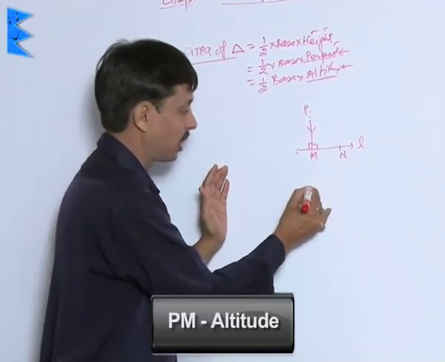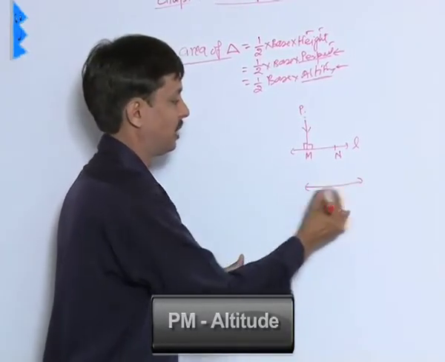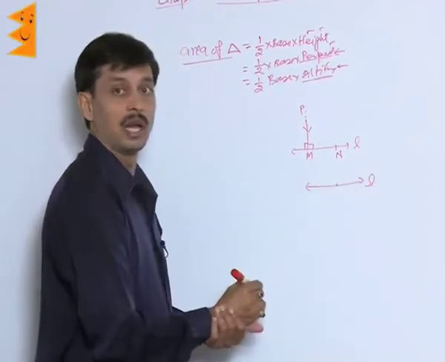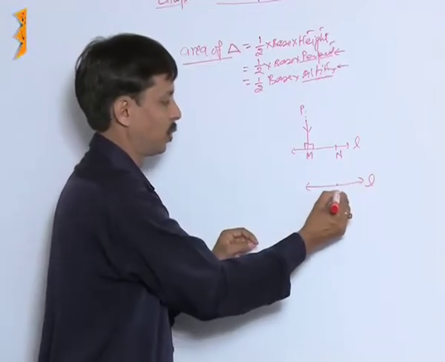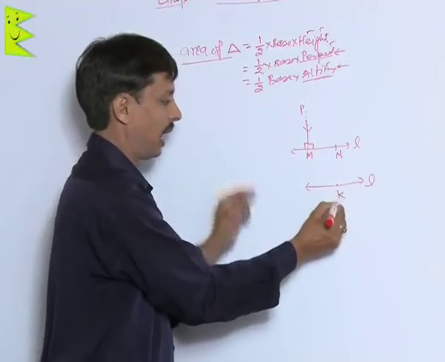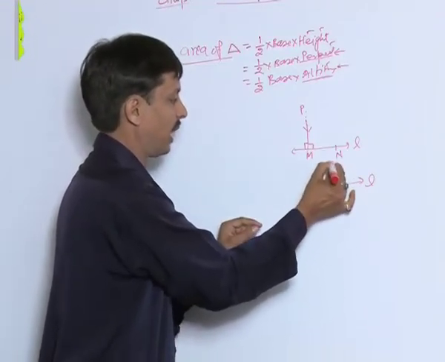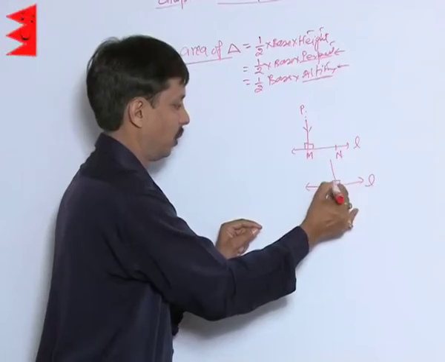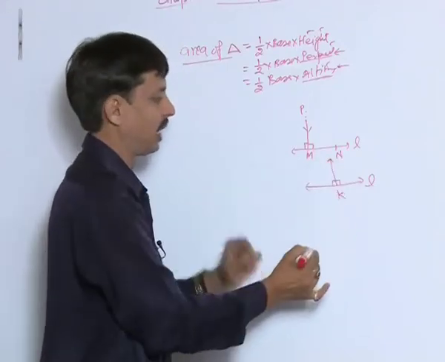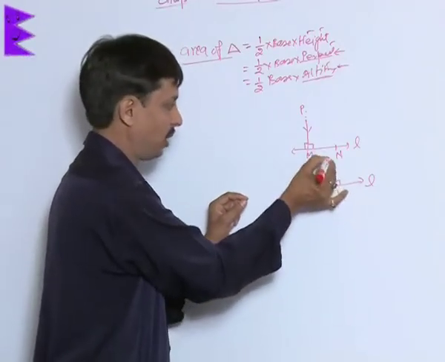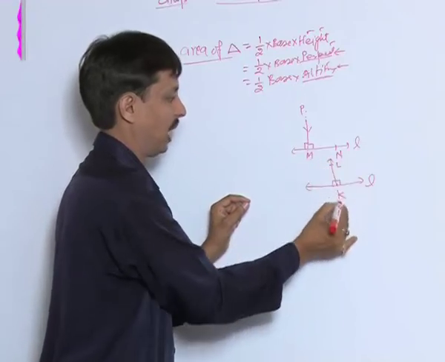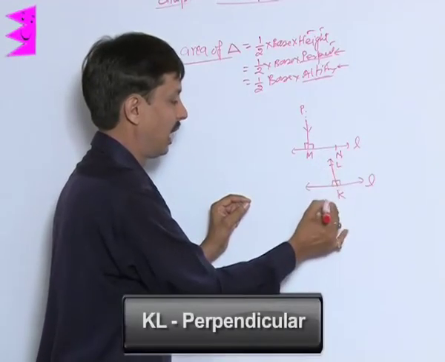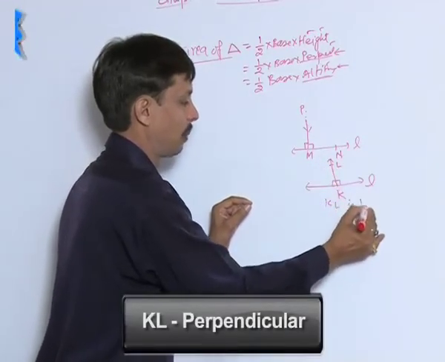If in the given line, suppose this line is L, you have a point on the line, suppose point K, and you have drawn one line segment, ray or line, making a 90-degree angle from here in this direction, then this KL is perpendicular.